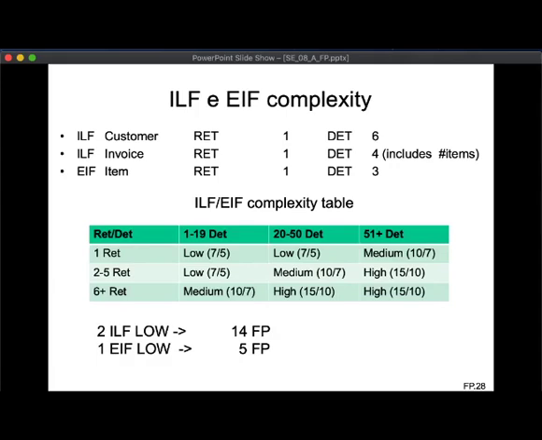As we'll see, it doesn't change too much, but it's a matter of practice somehow, because in the external we are using 3 DET, in the other case we had 6, exactly double, so it would make sense to consider a higher number for the internal logical file, and also because in general the internal storage is more difficult to implement than the external access to data.